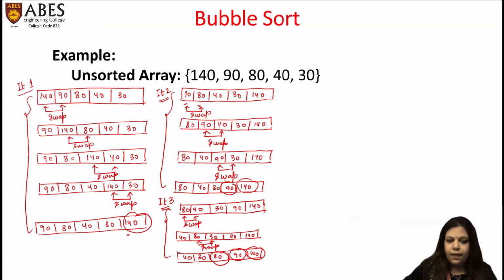Now, coming on to the next iteration, again we have to start by comparing the first element with the second element. So the state of the array was 40, 30, 80, 90, and 140.